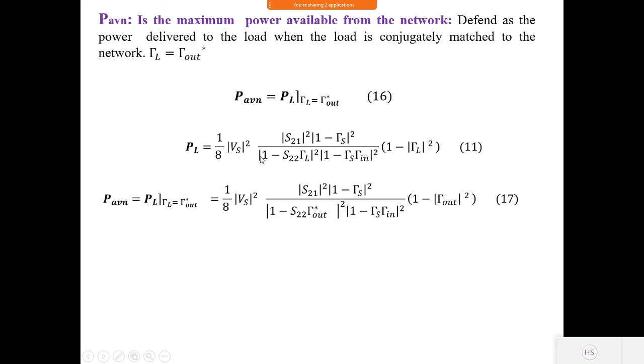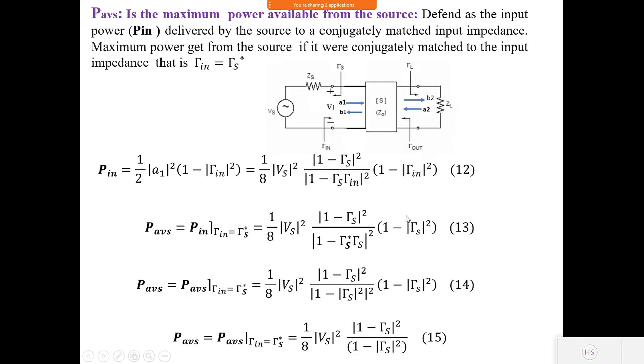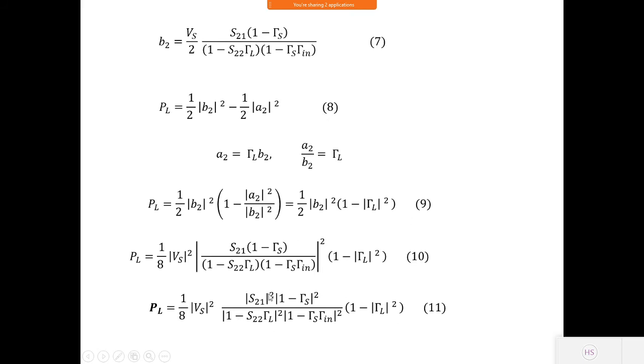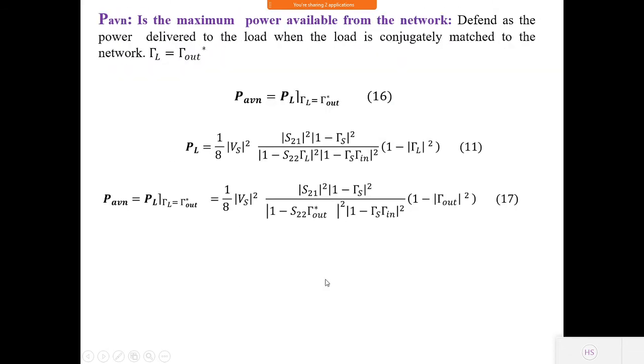So now PL, we derived this in the previous slide. We take that. This is the one what we got, PL. This I have taken. In this, what we have to do? Wherever ΓL is there, that should be equal to Γout complex conjugate. So that only we have done. See here, ΓL is there. There you put Γout complex conjugate.